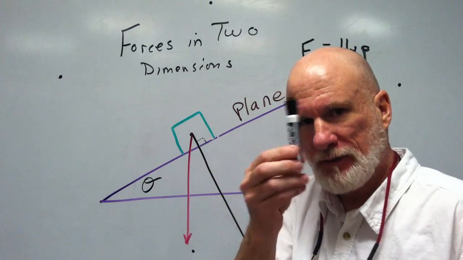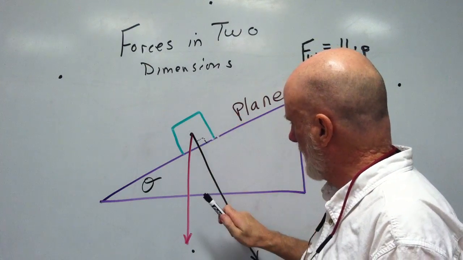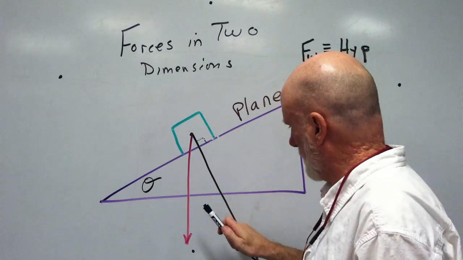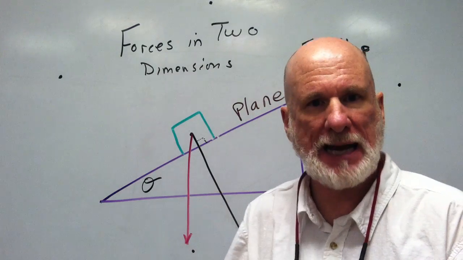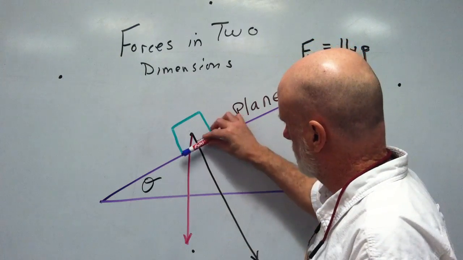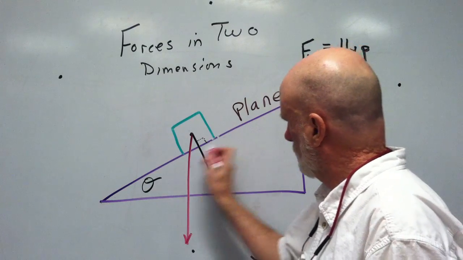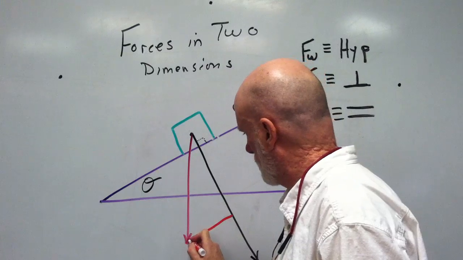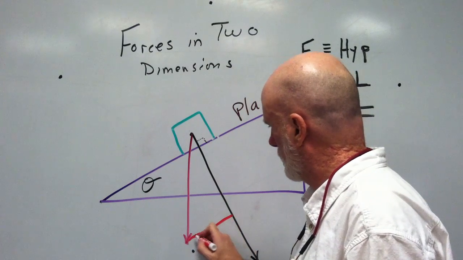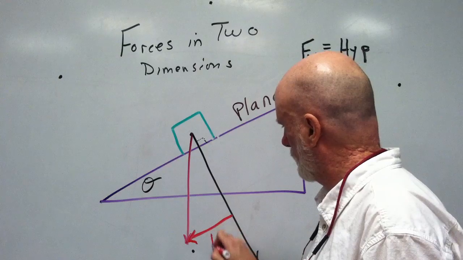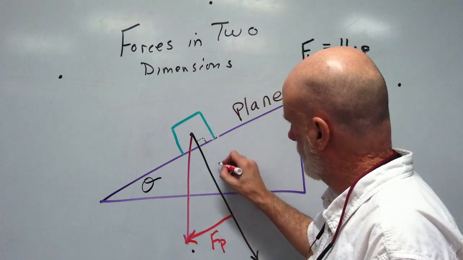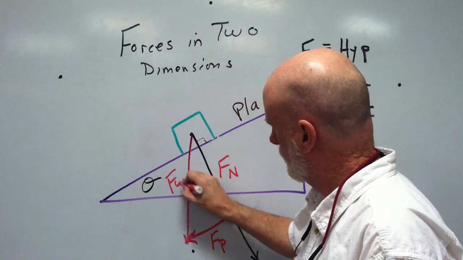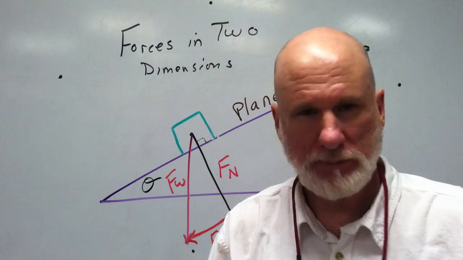Now, if this is parallel and that's perpendicular, these are going to be at 90-degree angles to one another. So, parallel. Okay? So far so good?